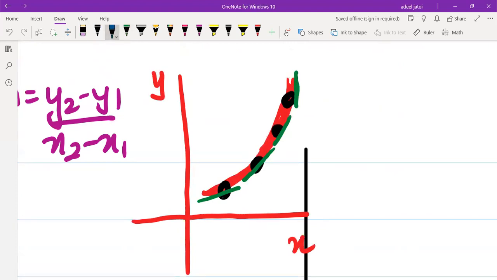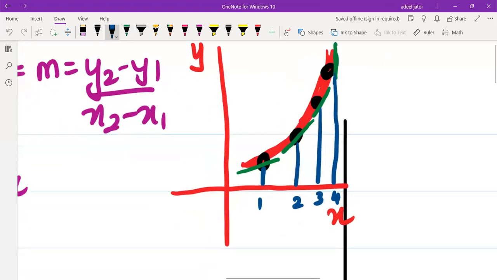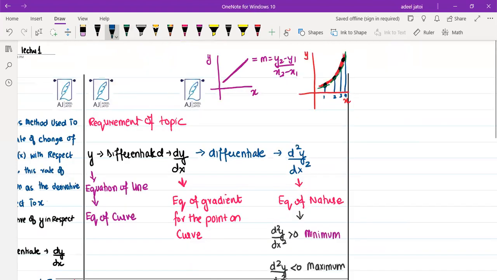Now that tangent is represented by values of x. That means each tangent will have different values of x, making sure that each gradient is different on the given curve. Because each point will have a different gradient.